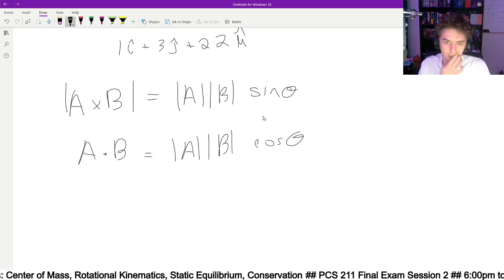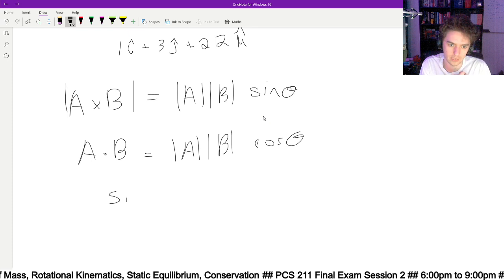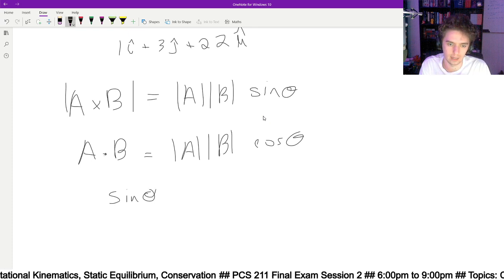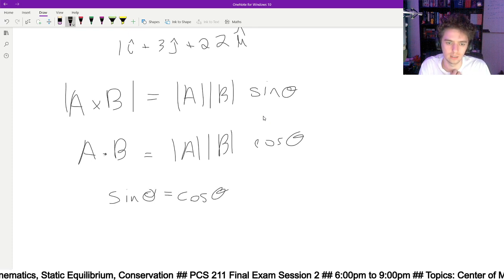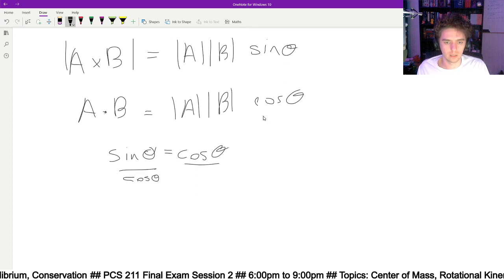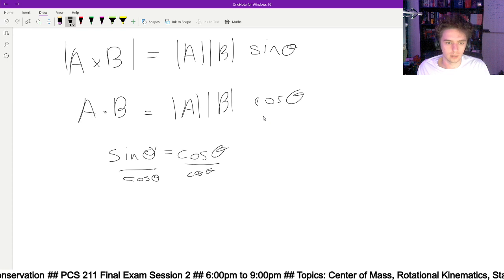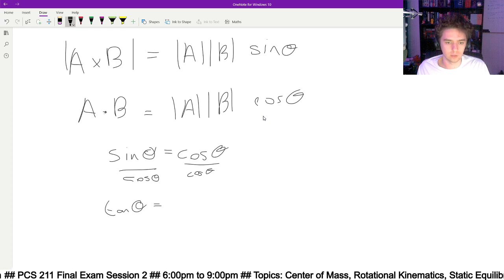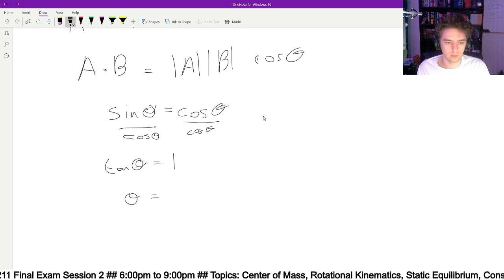And we're asking for what theta are these the same? Well, we're pretty much just asking when is sine theta equal to cos theta. In other words, if I divide both sides by cos, when is tan theta equal to 1? And that's theta equals pi over 4.